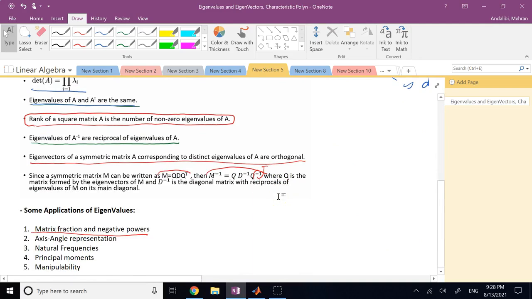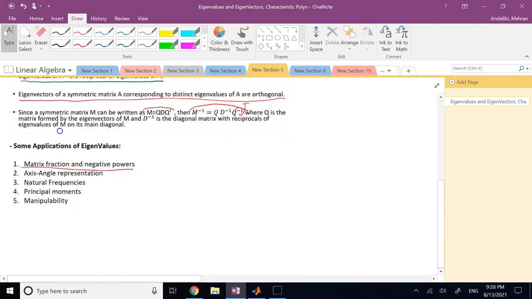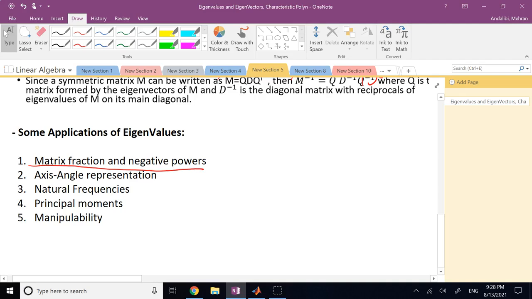Now that we have some time, let's talk about some of the applications of these eigenvalues. So I told you about powers of a matrix. Some other things that you can see is, one of them is the axis angle representation of a rotation.